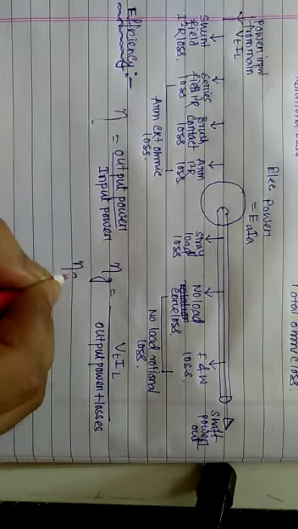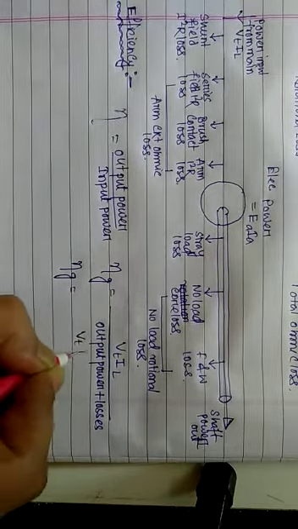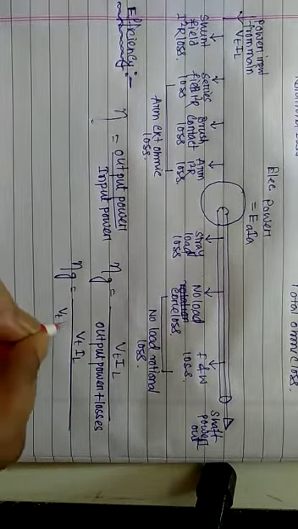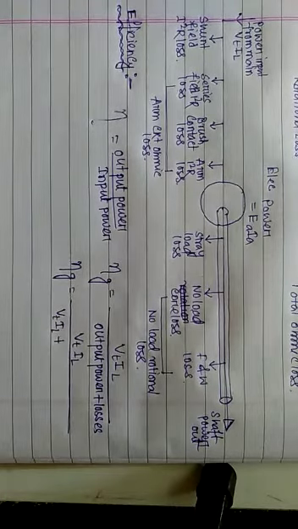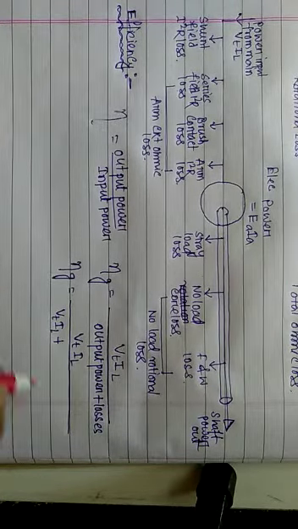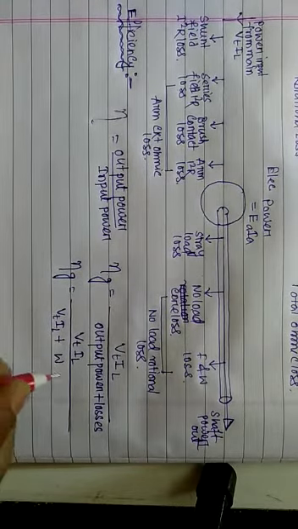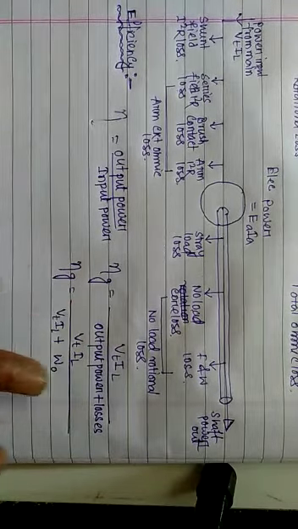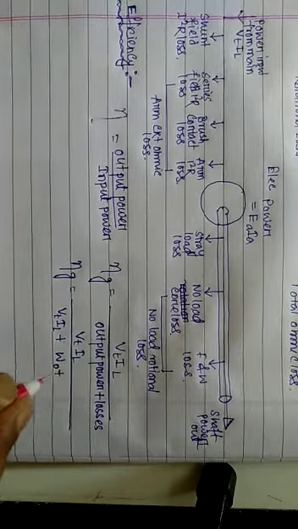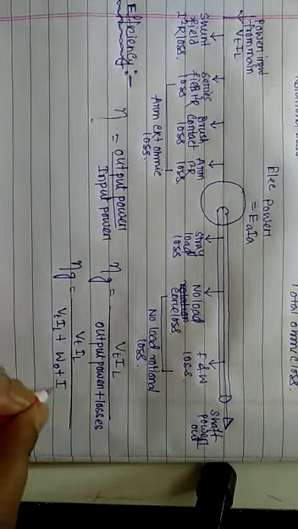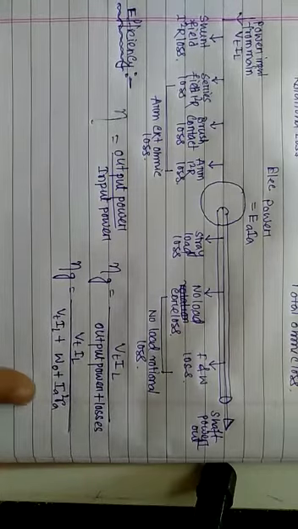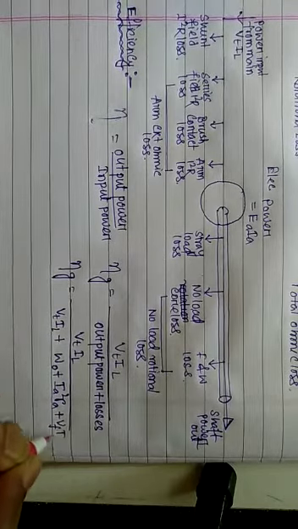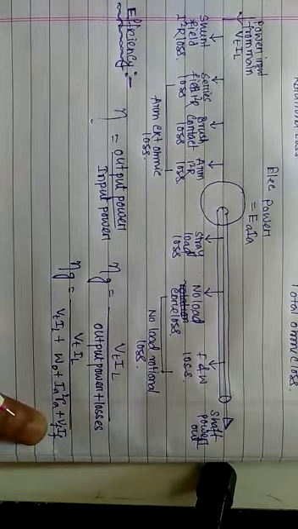So the efficiency of the generator is Vt into IL divided by Vt into IL plus losses. Here W0 is the no load rotational losses, plus Ia square Ra, that is the ohmic losses, and Vf into If, that is the shunt field losses.